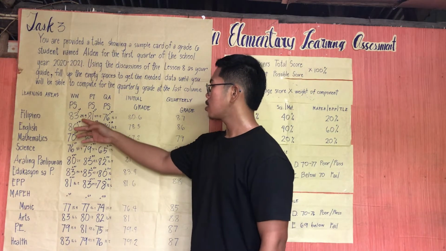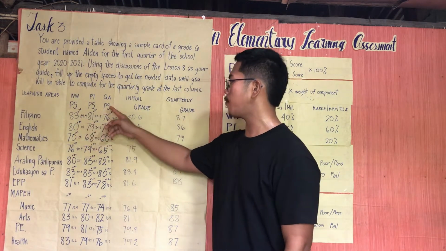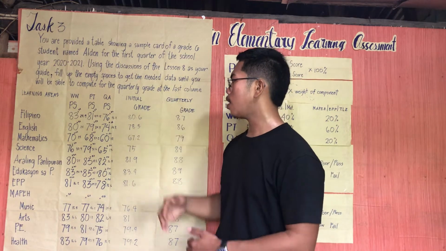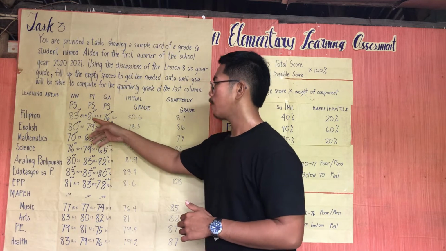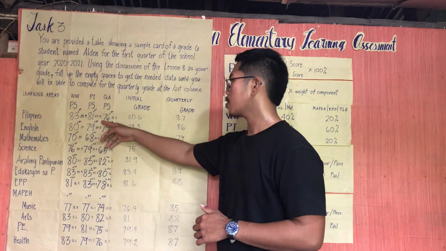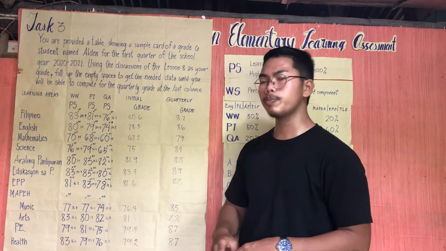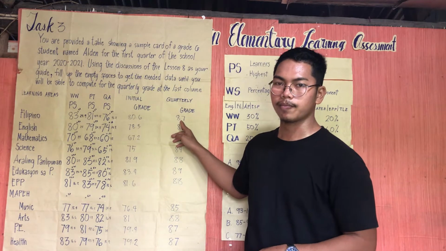And we will also add up the 24.9, 40.5, 15.2. In short, we add all the weighted scores for the Filipino subject, and we came up with 80.6. And the transmutation grade of 80.6 is 87.